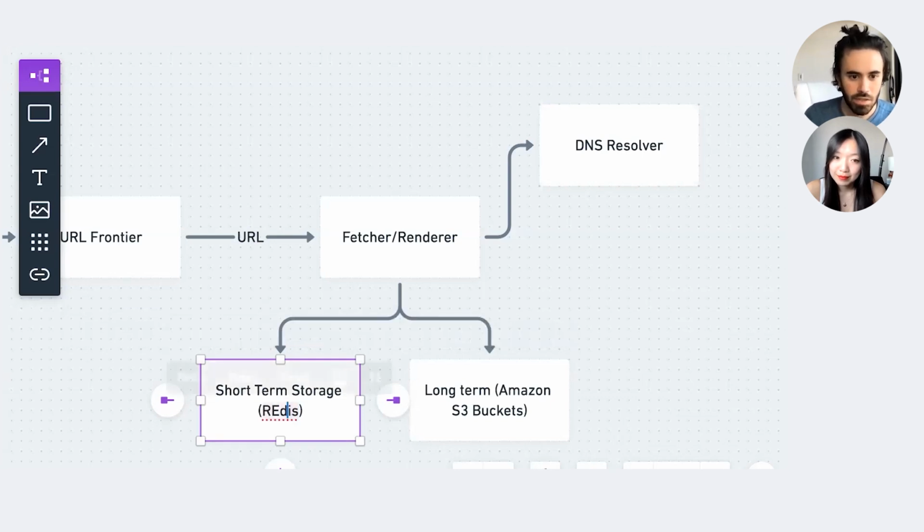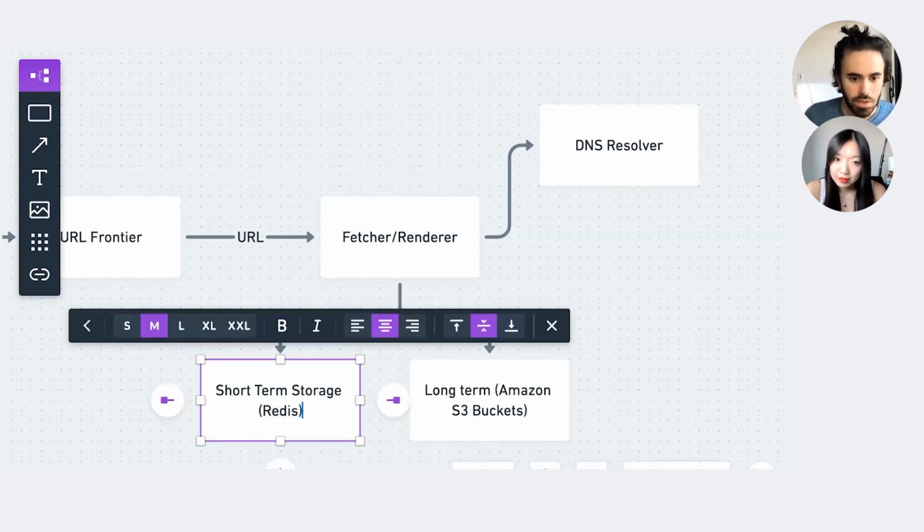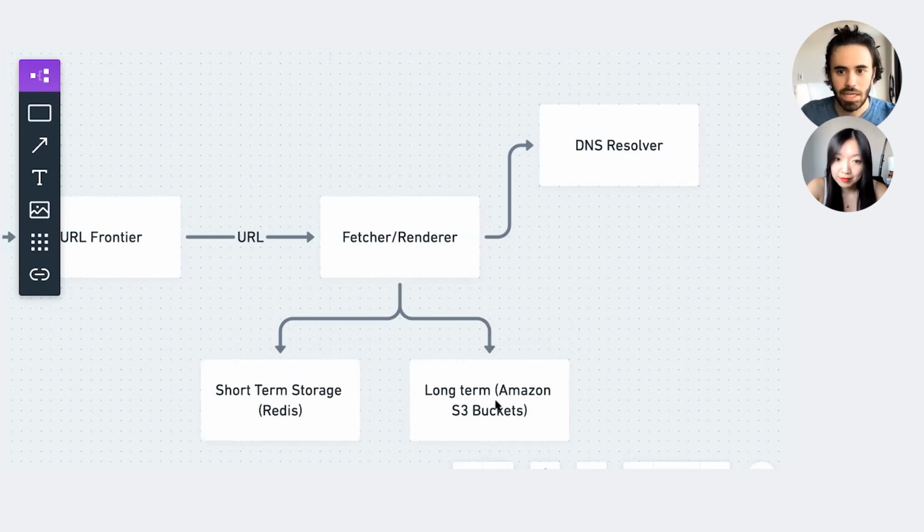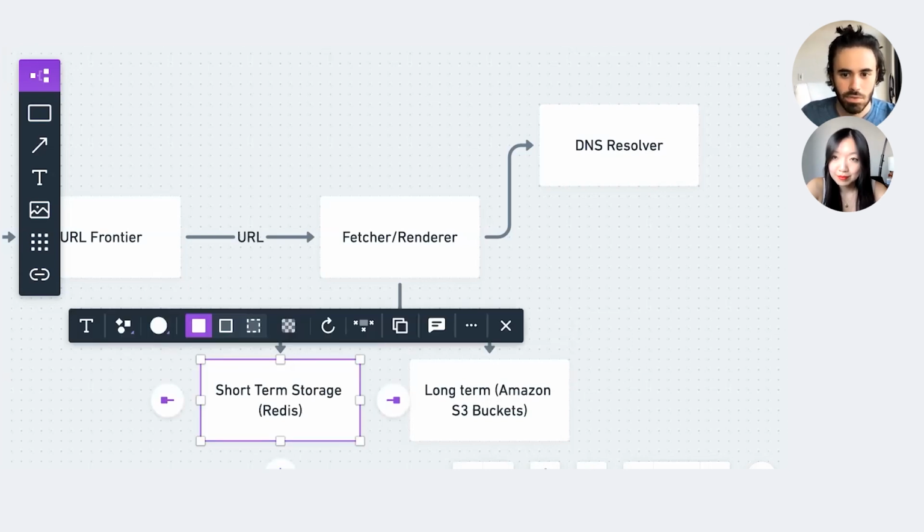There are other types of cache, like Memcache, but I think Redis will be sufficient for this. So, okay, great. Now we can read and write. We're storing the data in these long-term data buckets to be able to access later. We have short-term storage in Redis to be able to quickly read and process the data.